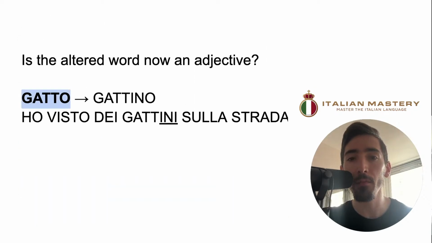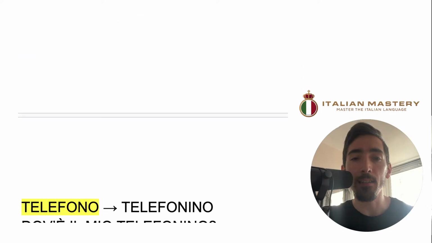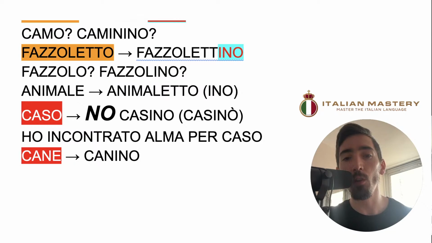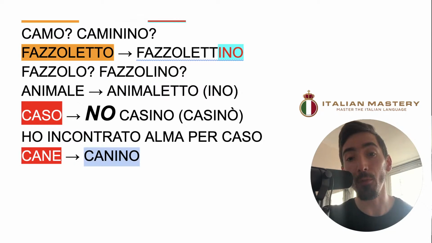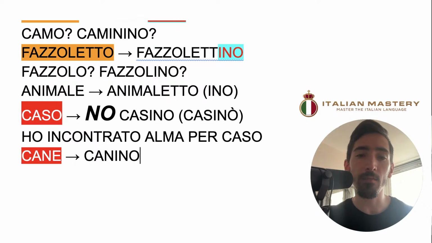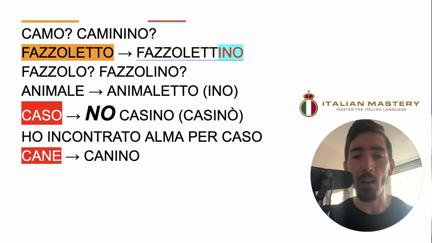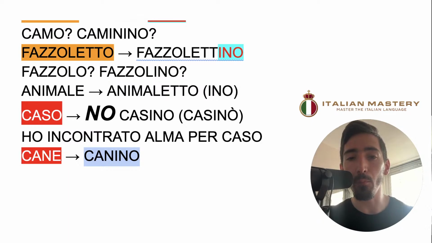We have the word gatto here. And now we have the word cane. Cane exists. It's an Italian word. We want to say a small dog. Canino. Doesn't work. It doesn't work because canino is also its own word. And it's, I can't remember, well, it's basically the teeth. Some teeth are called canini, canino. The teeth that are pointy.